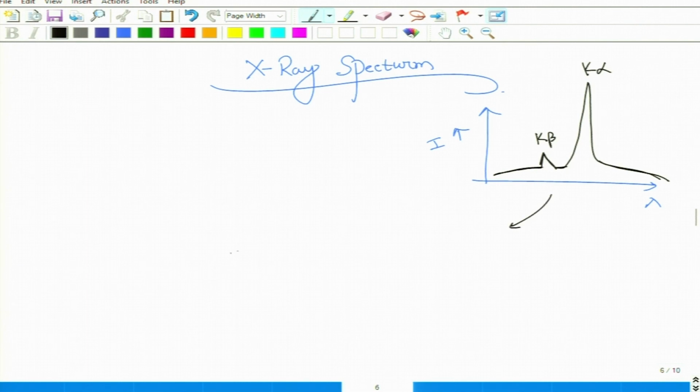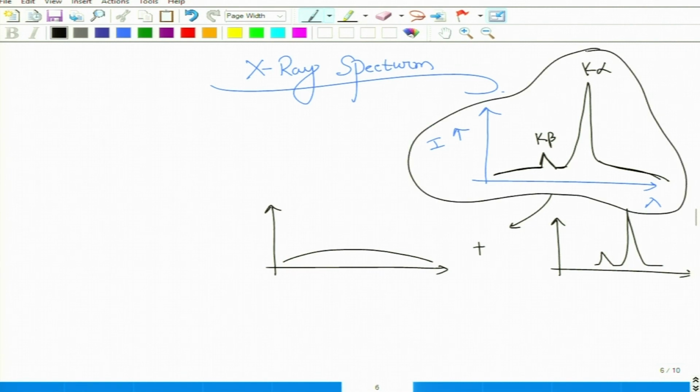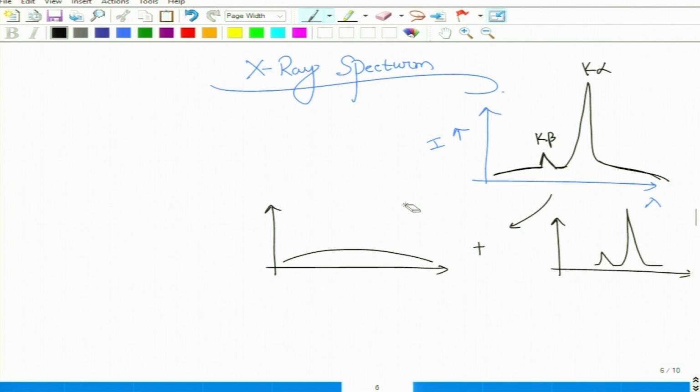If you break it, one spectrum is like this, plus this other one. Combining these two spectra we obtain this superimposed spectrum. So this is the X-ray spectrum.